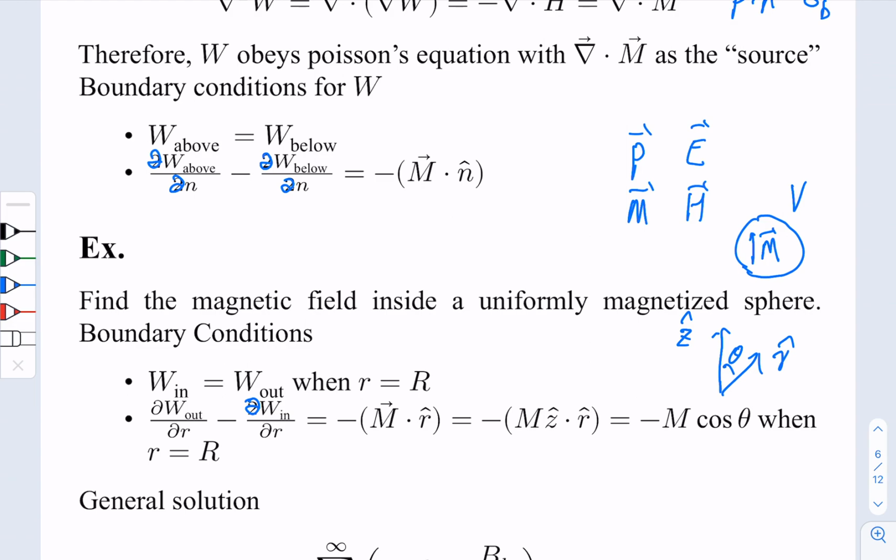Then the boundary conditions are simply listed here, and because this is a spherical problem with azimuthal symmetry, we are able to use what we have learned in chapter 3 about potentials.